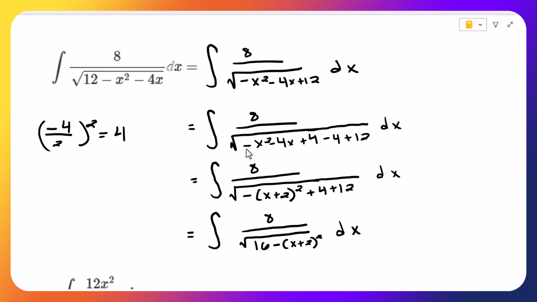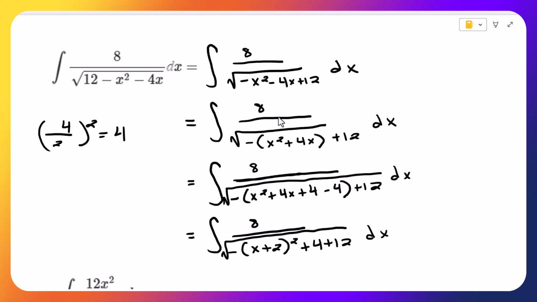So before I even do that, what I should have done is factor out a negative here. Let me see if I can fit it in. Let me try and fix this.